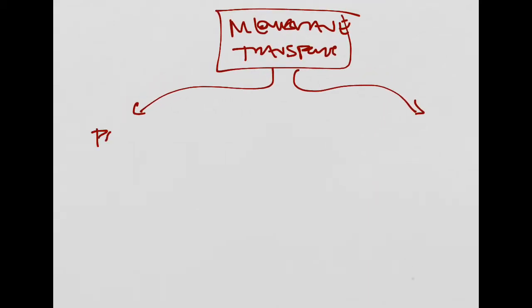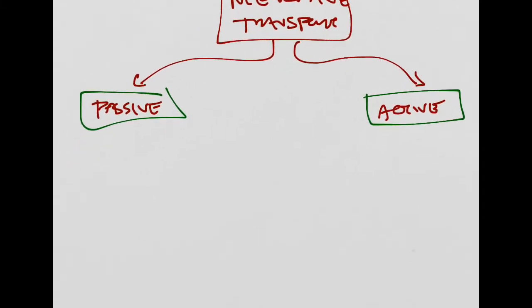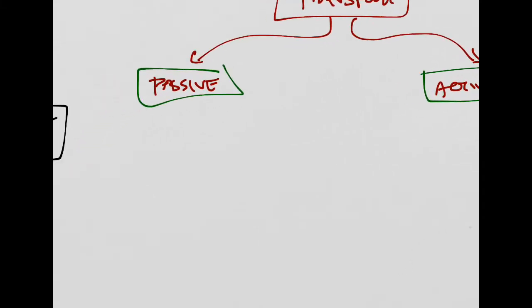There is a passive, meaning no extra energy is needed for it to take place. And then there is an active side where it certainly requires the input of energy for the membrane transport to happen.